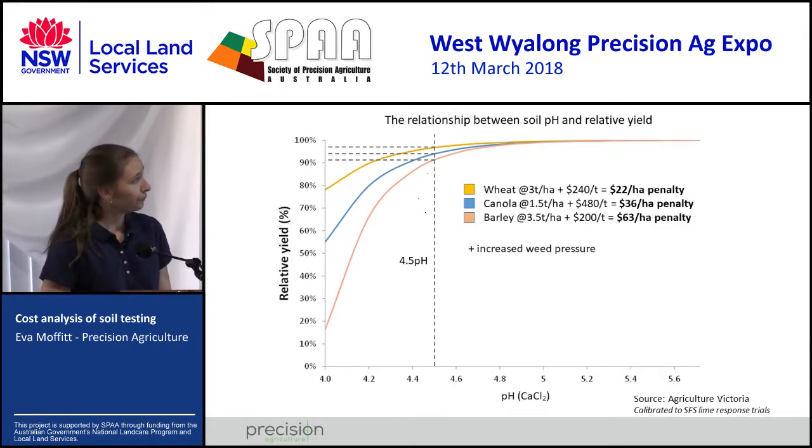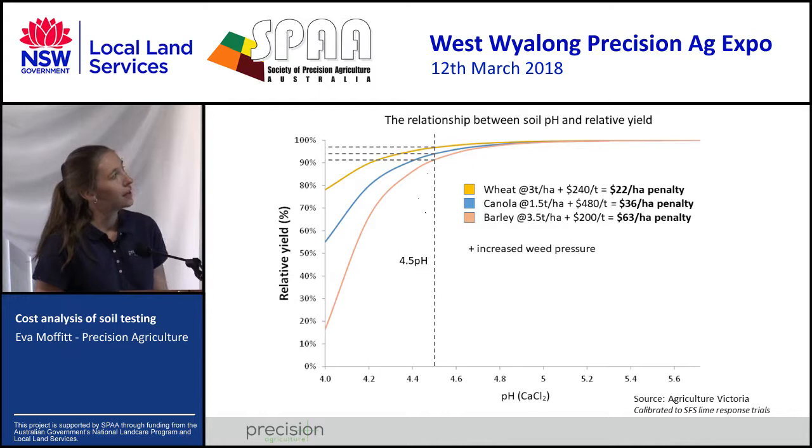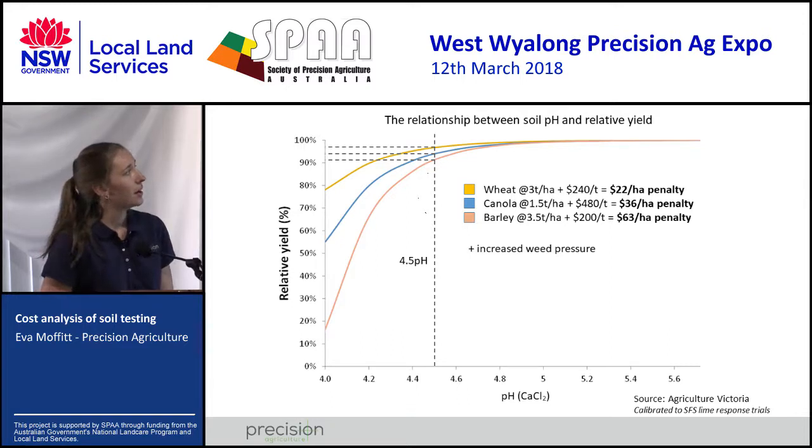So if we consider a pH of 4.5, for example, the yellowy mustard line is wheat. At 4.5 pH, we're getting about a 4% yield penalty. So if we consider a wheat crop of 3 tonnes per hectare and $240 a tonne, then that equates to about $22 per hectare of penalty due to that soil acidity.